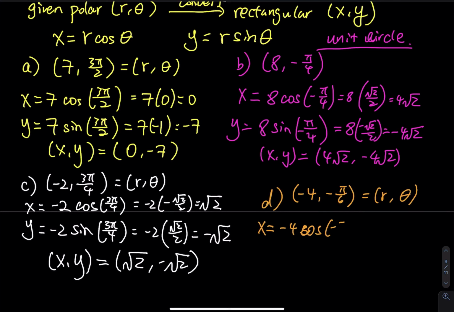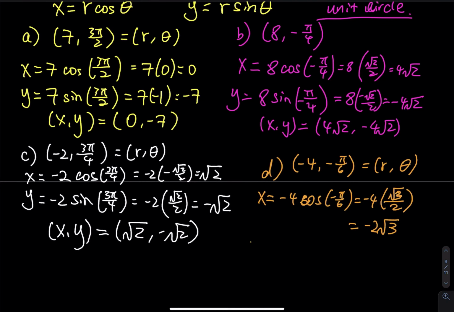So negative pi over 6 is in quadrant 4, at quadrant 4 x is positive, so we have root 3 over 2, so that is equal to negative 2 times root 3. And then the y coordinate, we have r times sine of theta, that is negative pi over 6. In quadrant 4, y is negative, so negative root 3 divided by 2, then we have a positive.